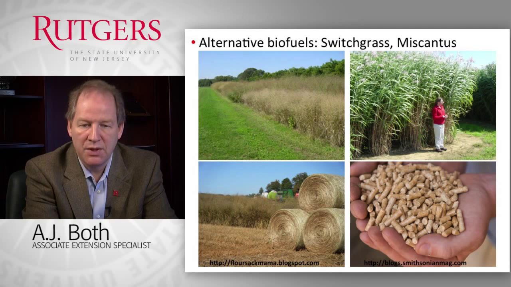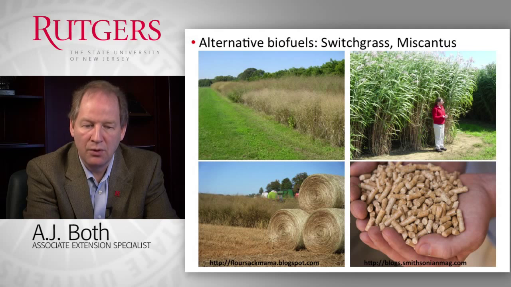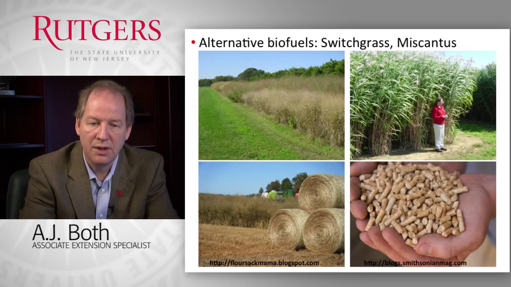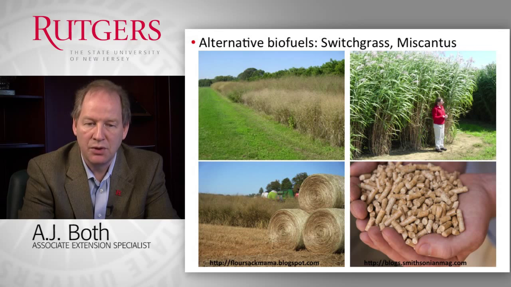We can process the material much like we harvest hay or straw with large bales, and then we could either burn those bales directly, or we could process that material into pellets, for example, that we can then use in our heating system. So in addition to wood, there are also these grasses that we can use to provide an energy source for our heating system.